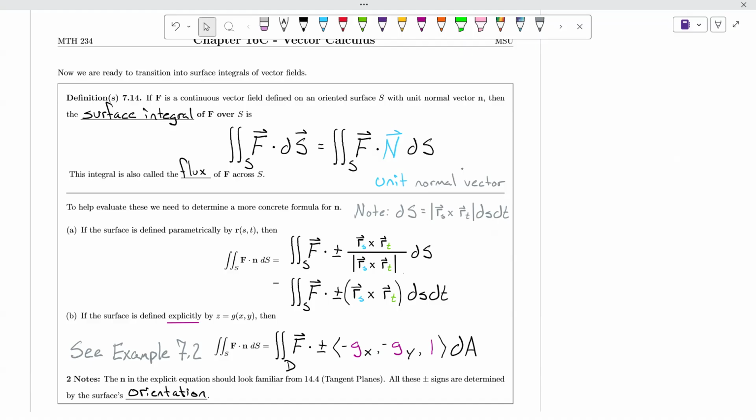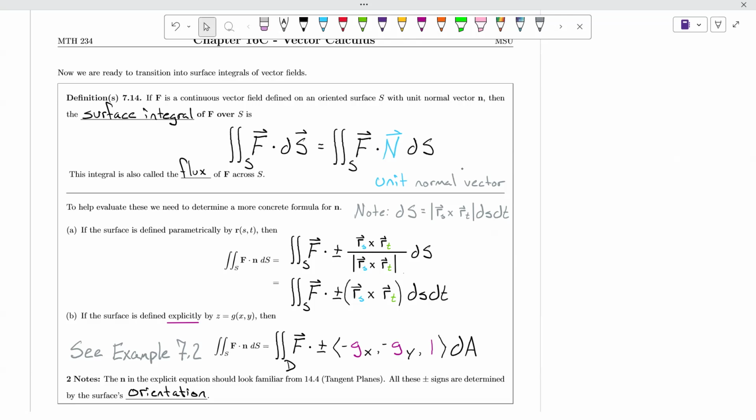So again, the surface integral of F dot dS is going to be the dot product of the field with a vector that is normal to the surface. So we're going to be looking to collect normal vectors.